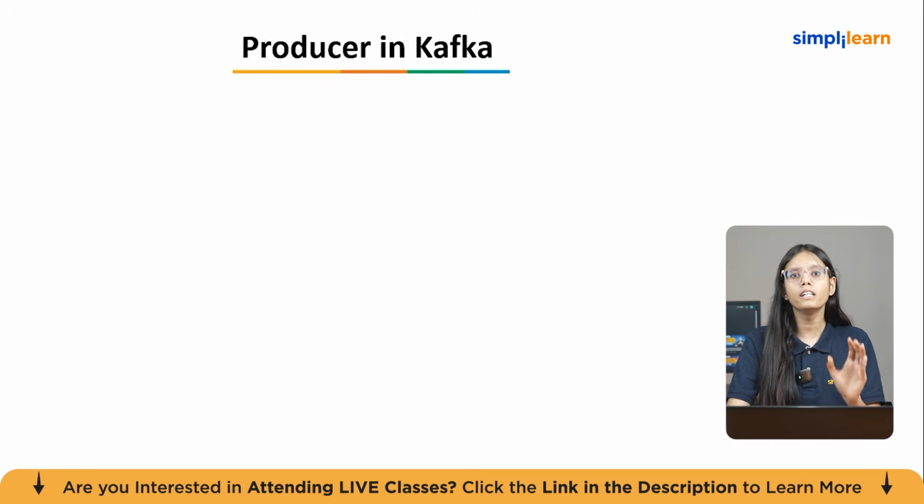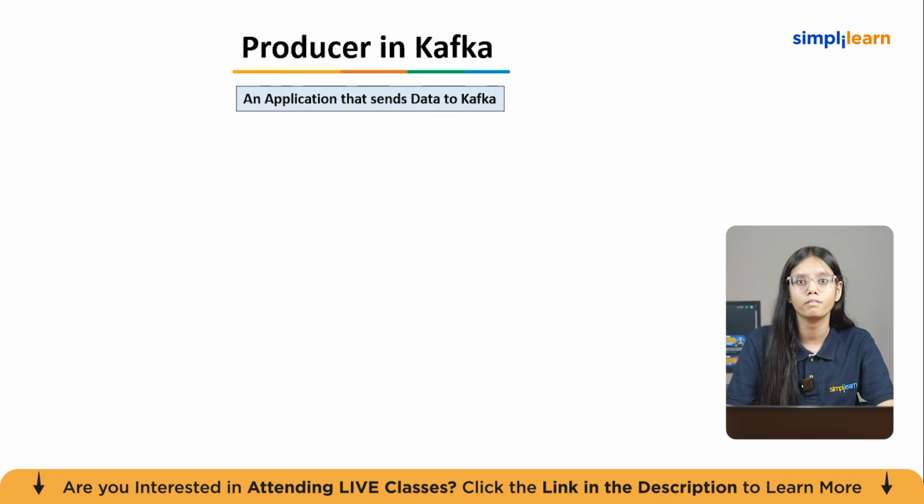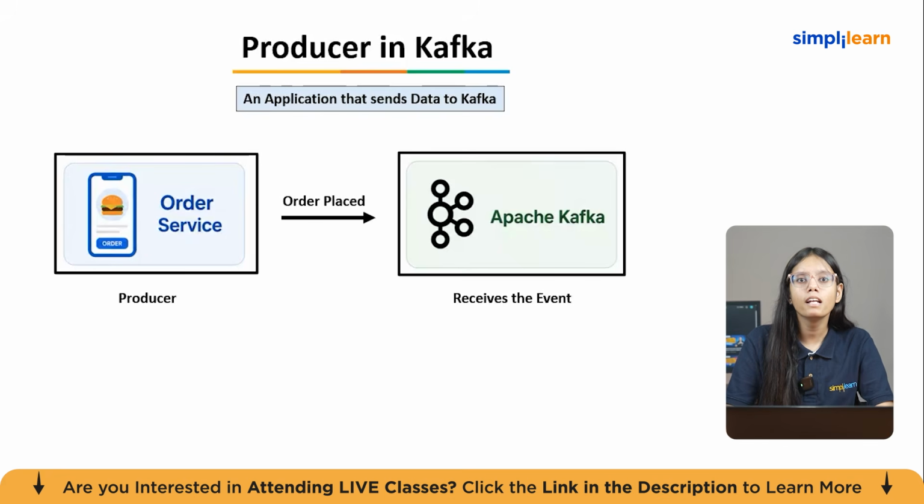So, a producer in Kafka is an application that sends data to Kafka. For example, in a food delivery app, the order service can be a producer. When a customer places an order, the order service creates an event called "order placed." Then it sends this event to Kafka.